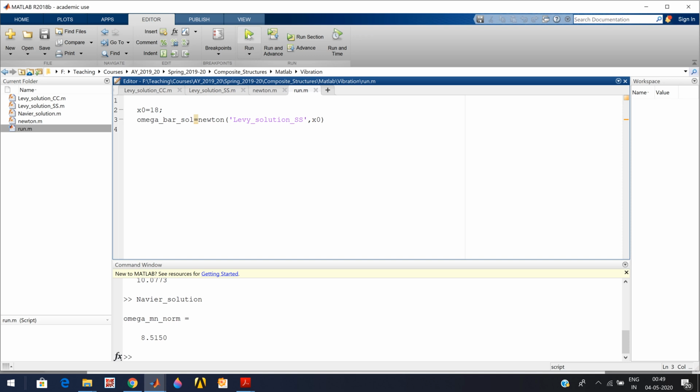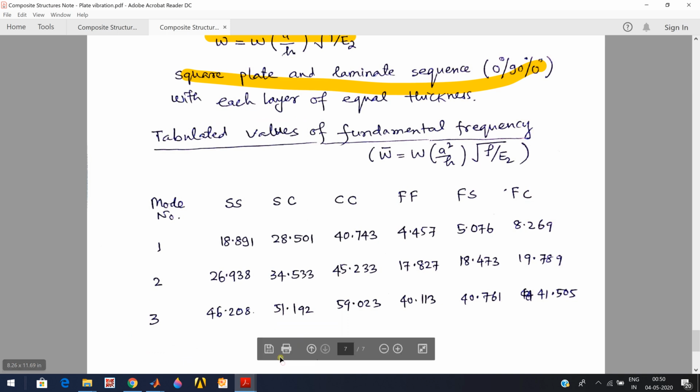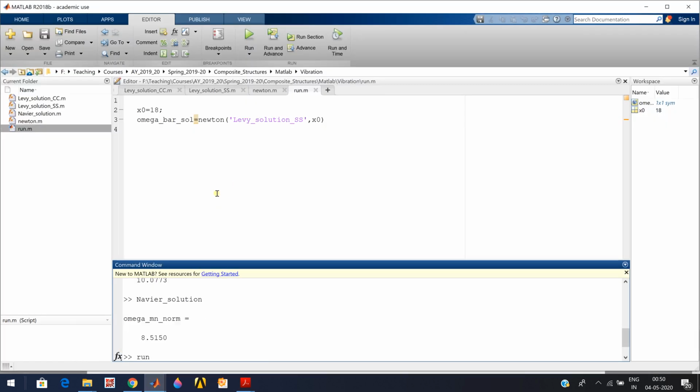Okay, so for this case, if I run, you can see it is doing some iteration, and after a few iterations it has given you 18.89123. And then for mode number 2, I have to put this to 2.